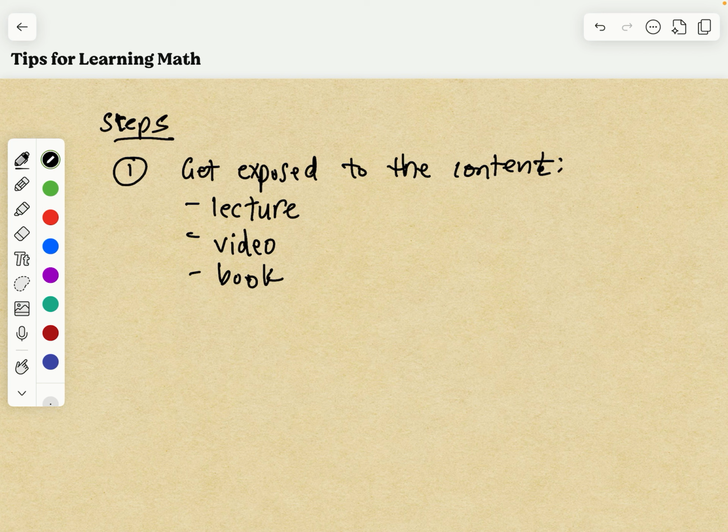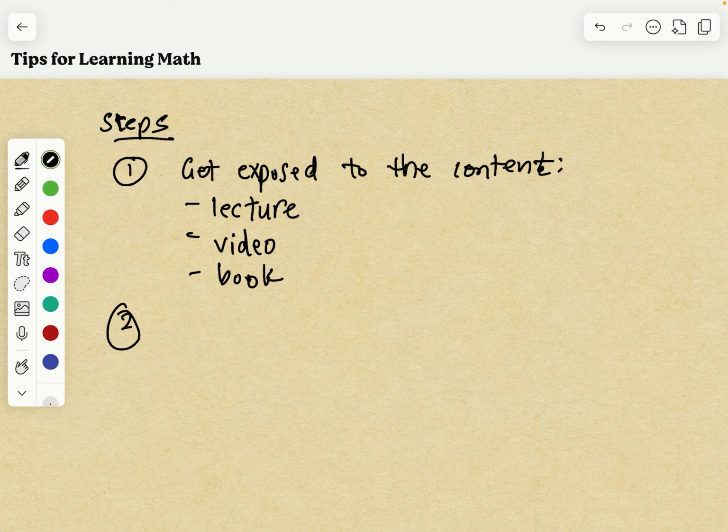And then the second step is, of course, to pay attention to the main concepts and try to understand what the lecture is saying, what the videos and books are saying, right?